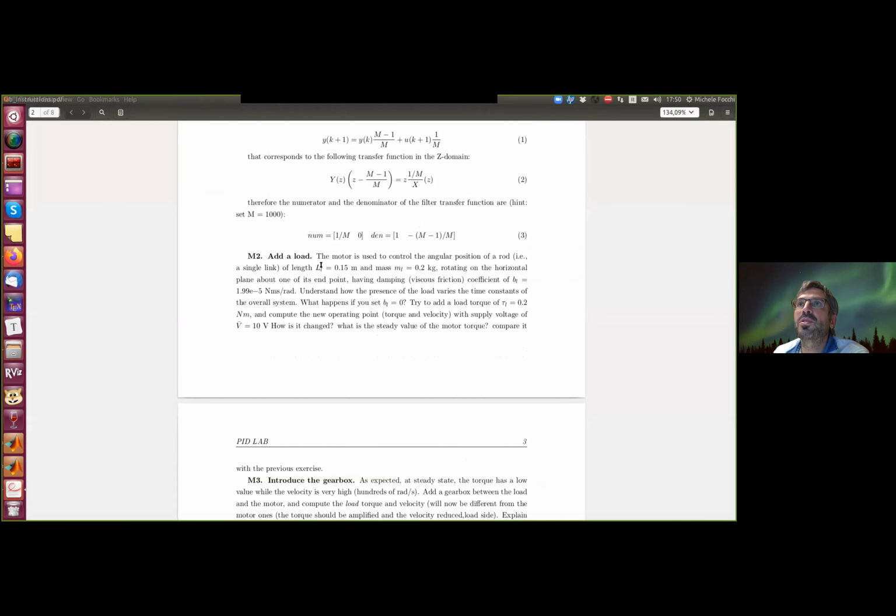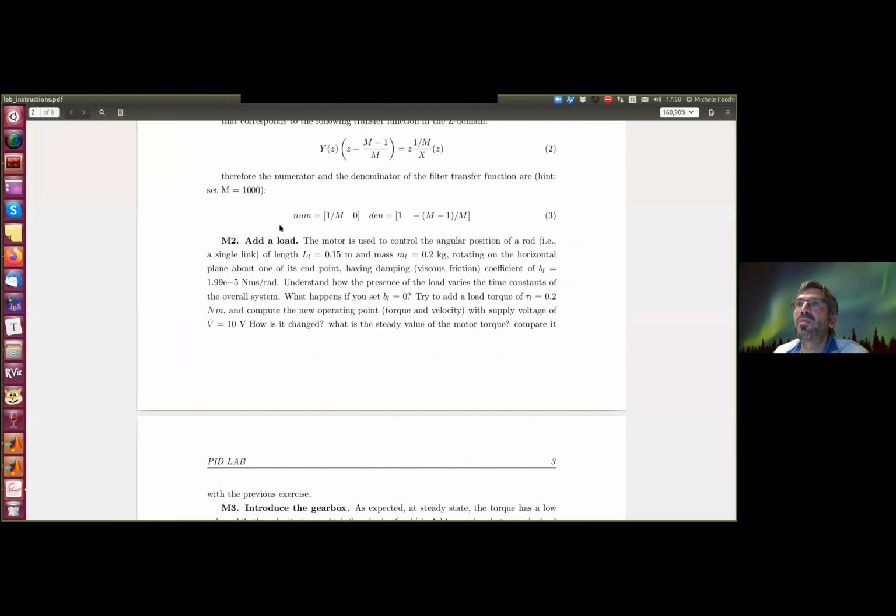adding a load. So now we have the motor spinning at full speed, but we want to control a link with this motor. We add a load that is just a rotating rod of 0.15 meter, 15 centimeters, and a mass of 0.2 kilograms. This rod is rotating in the horizontal plane and is attached at one endpoint to the motor, so there is no gravity because it's moving on the horizontal plane.